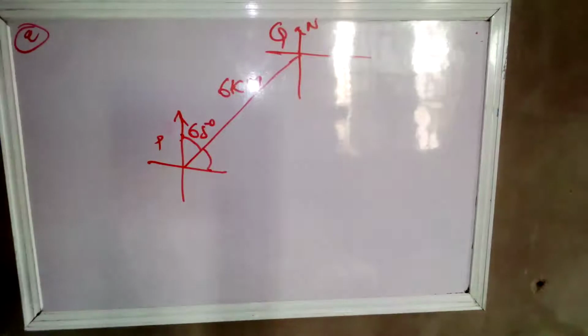Then the question says he walks to a point R, a distance of 13 kilometers.